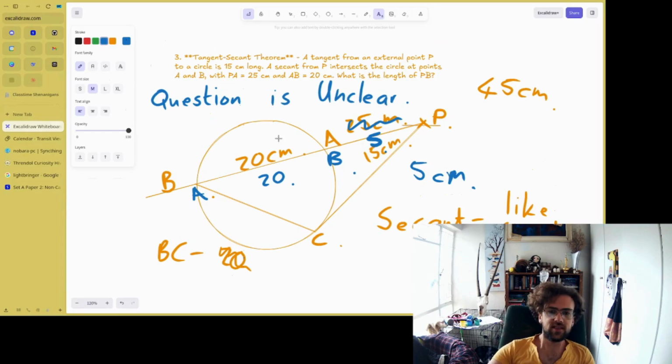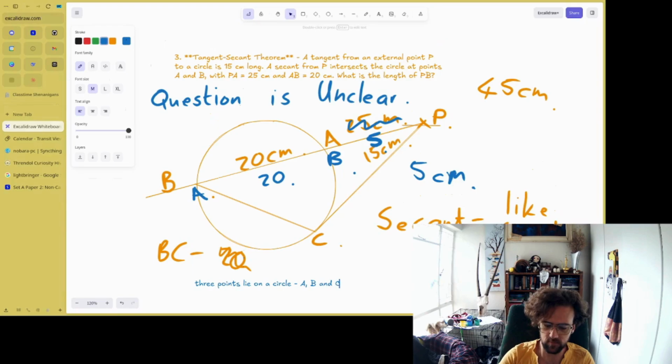Let's start with a basis. Can we start with a basis of 3 points that lie on a circle? A, B, and C. Now that tells us those points are on the circle.